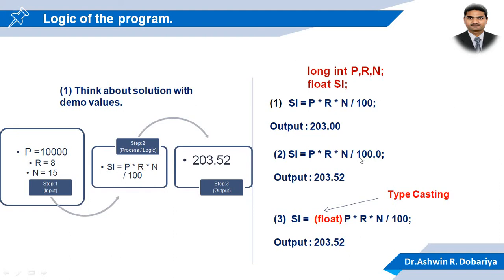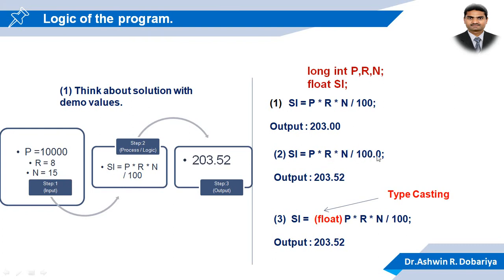So this becomes a float, and we know that if one operand, among all the variables on which we perform any operation, is a float, then the compiler will generate a float value.